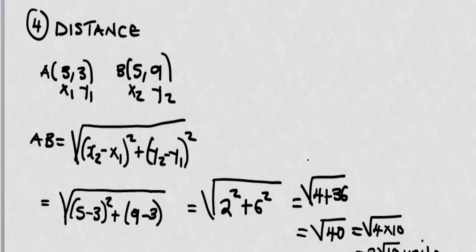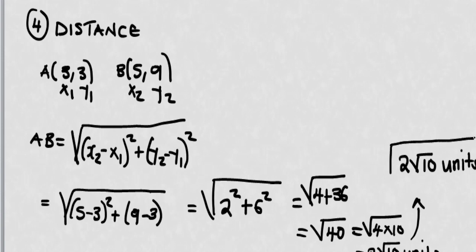So our final answer that we have found is 2 root 10 units. But it's okay to also leave it as the root of 40. It's still fine. So that's how basically you can go about those concepts.